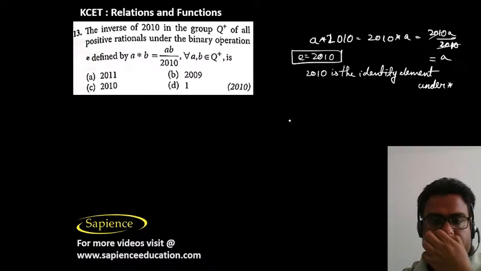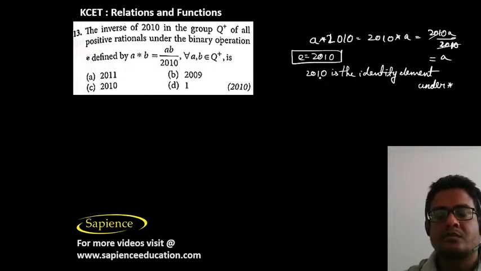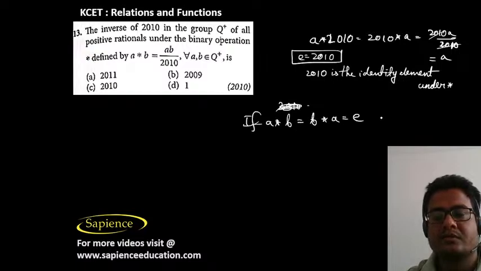So its inverse will be itself. If A star B is equal to B star A, which is equal to E, where E is the identity element, then only can we say that B is the inverse of the element A under the operation star.